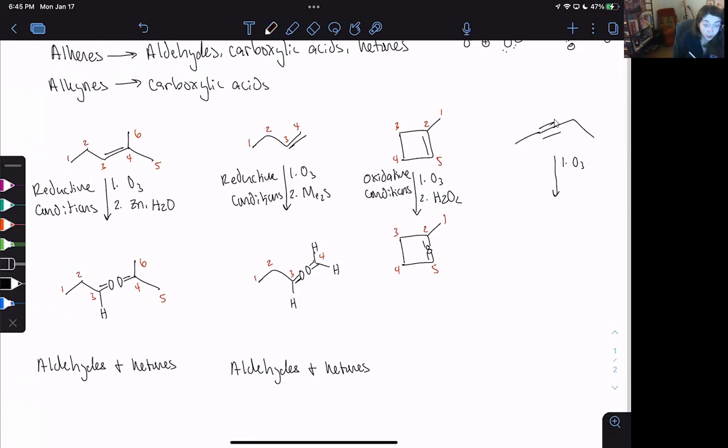And if I was going to redraw it to look not so silly, let's go ahead and just number: one, two, three, four, five.